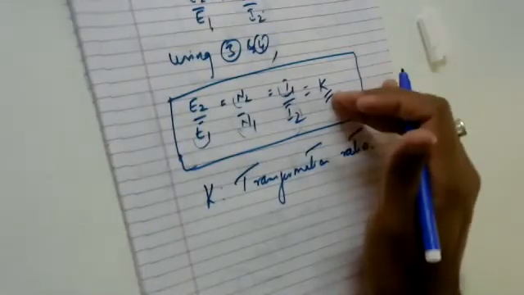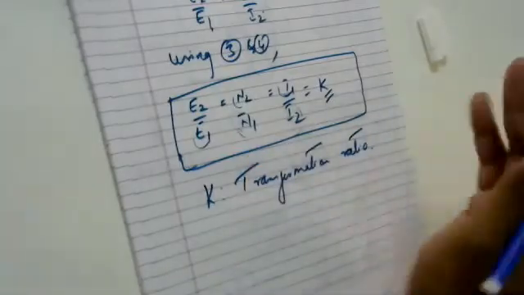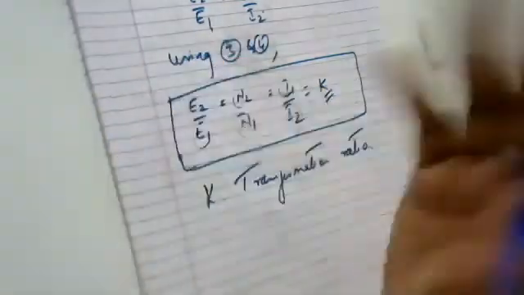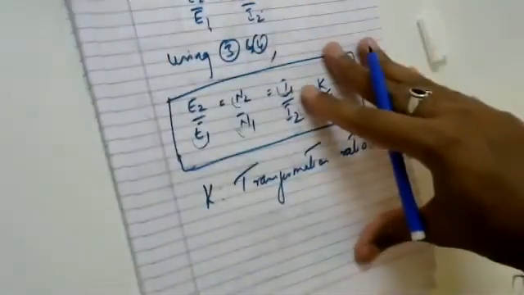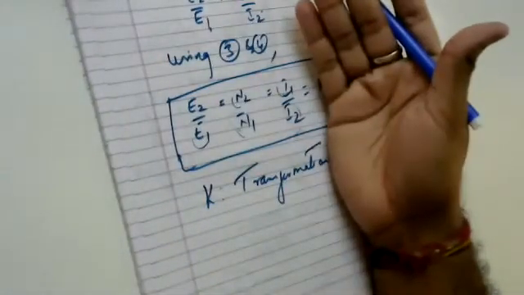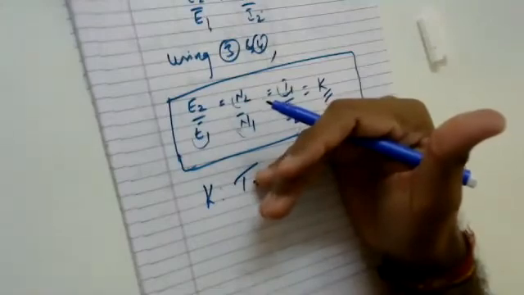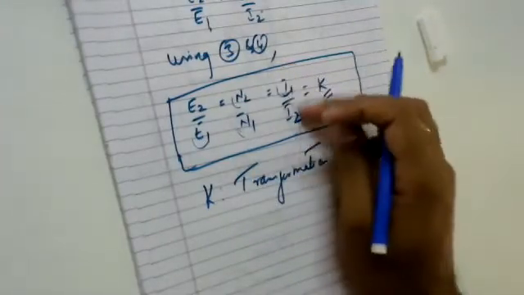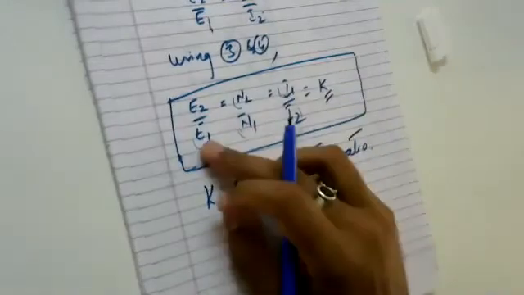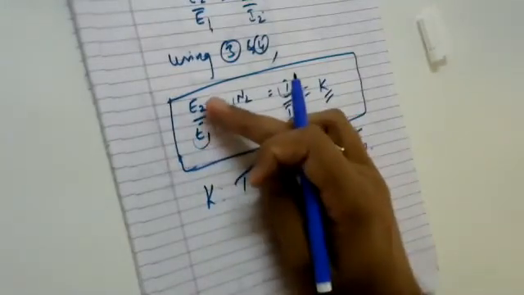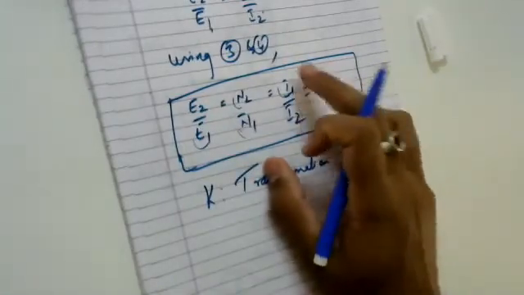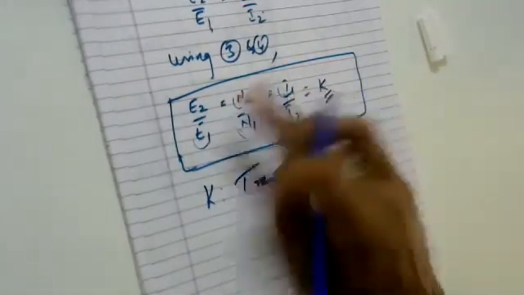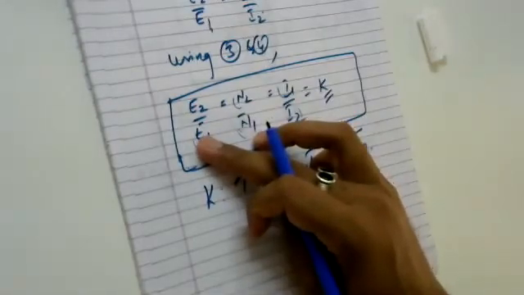This says by what factor the primary voltage has been transferred to the secondary, and by what factor the primary current has been transferred to the secondary current. It may be scaled to a high level or to a low level. You can see that the current ratio is the inverse of the voltage ratio: it is E2 by E1, but the current is I1 by I2.